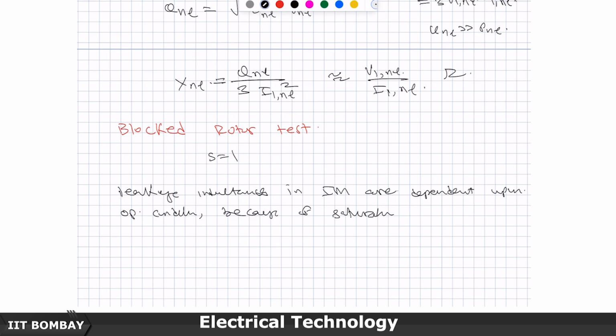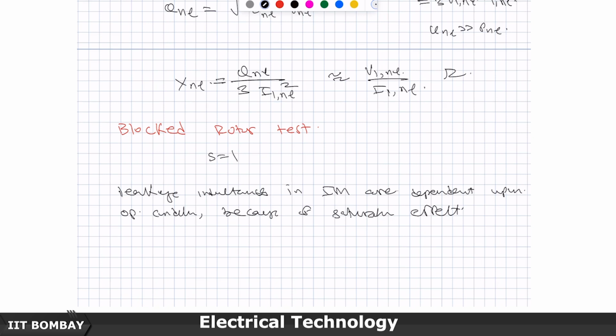See, the transformer was a very static device, so there was nothing to worry about there, but in the induction motor there can be some saturation effect. So, you should try to create conditions on the rotor side which are very close to the actual ones while measuring these parameters. So, operating leakage reactance is dependent upon operating conditions.